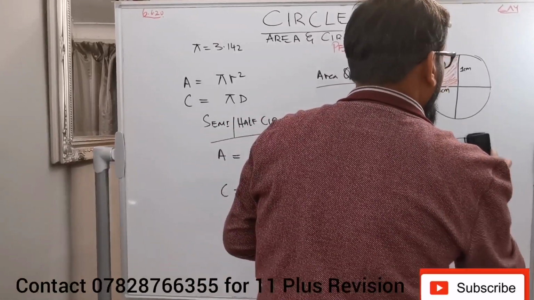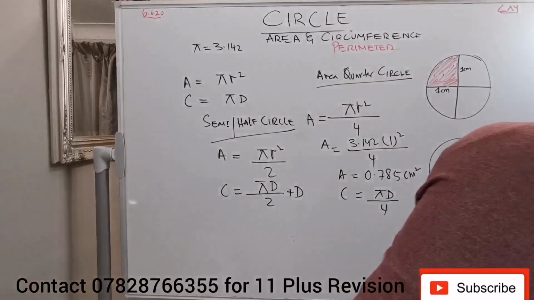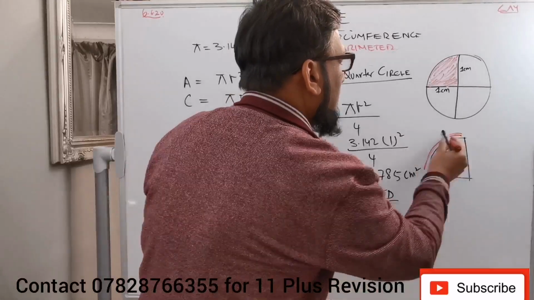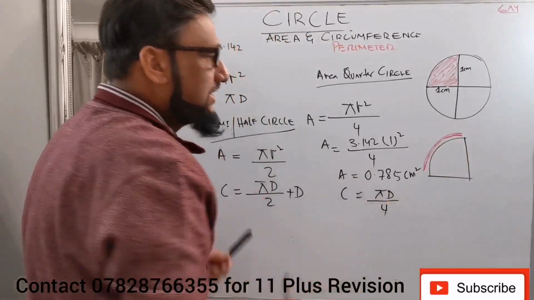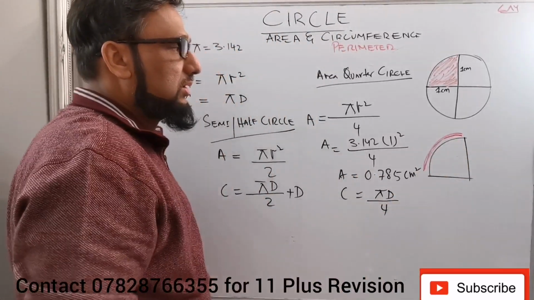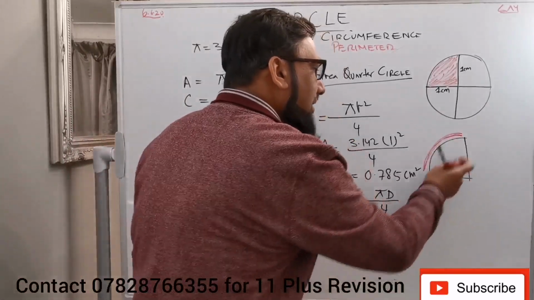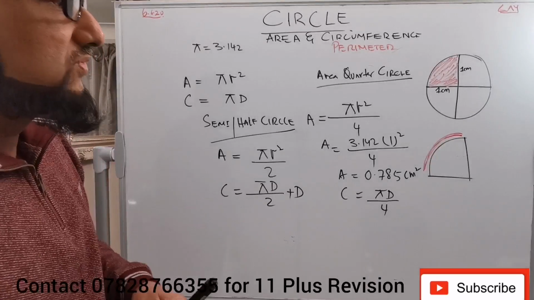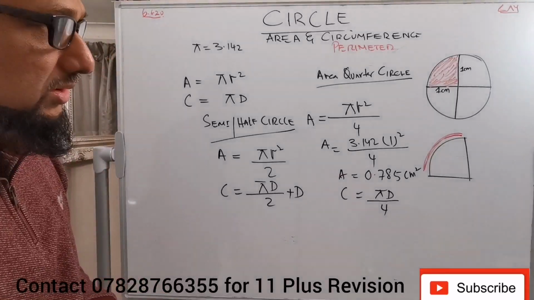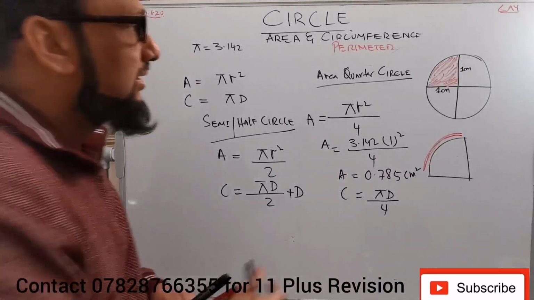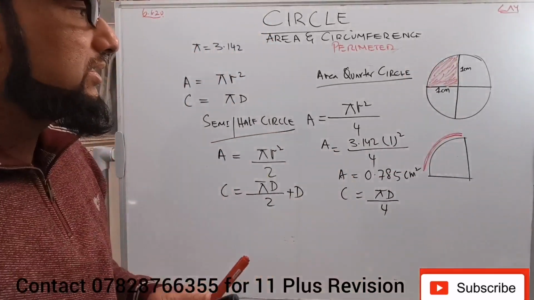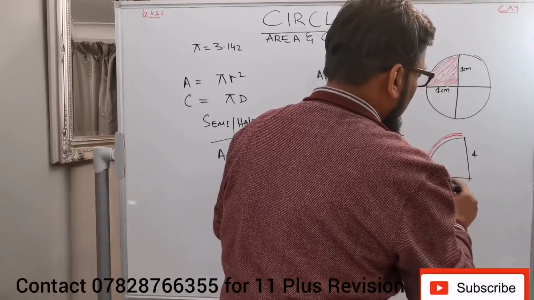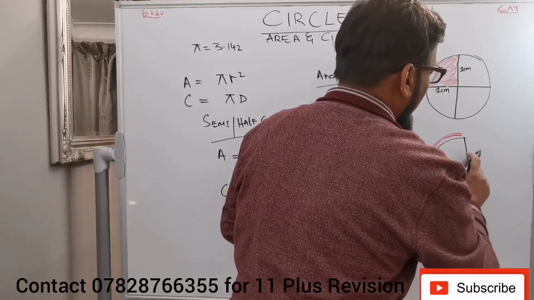This is the quarter circle, so you're finding just the circumference of this quarter, pi d divided by 4, but we need to add the value of both sides, which is r, and they are given as 1 centimeter and 1 centimeter.